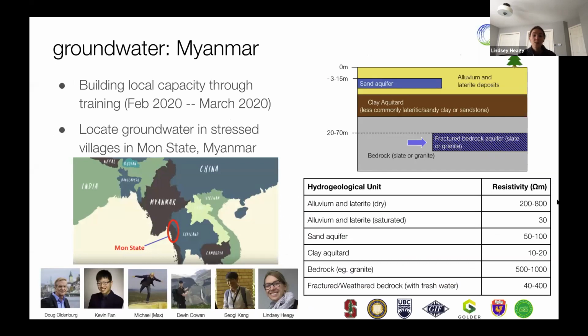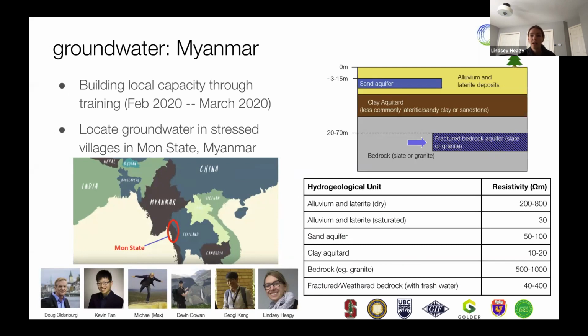And then recently, we've deployed these in a different context for a Geoscientists Without Borders project that was sponsored through the SEG, the Society of Exploration Geophysicists, where a number of folks pictured down here, Doug, Kevin, Max, and Devin, all went down to Myanmar and collected DC resistivity data with local geoscientists and engineers.